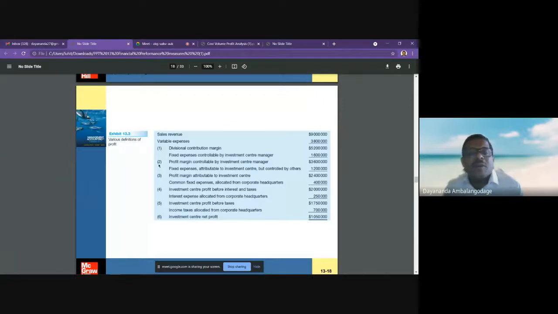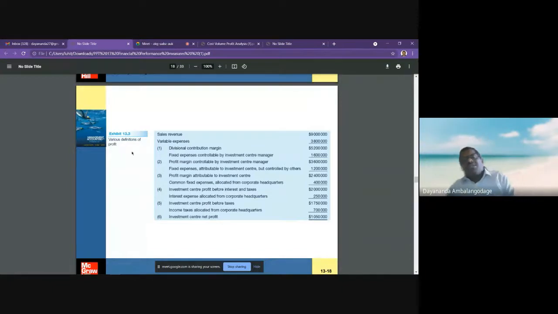Number 2, profit margin controllable by the investment center manager. Number 3, profit margin attributable to the investment center. Number 4, investment center profit before interest and tax. Number 5, investment center profit before tax. Number 6, investment center profit.